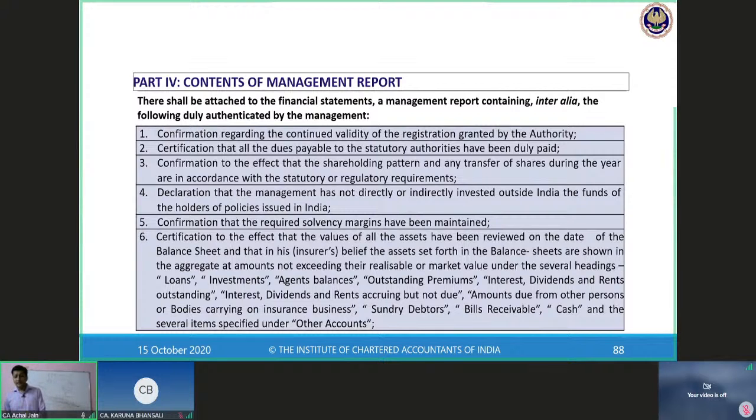Certification to the effect that the values of all assets have been reviewed on the date of the balance sheet, and that in the insurer's belief, the assets set forth in the balance sheets are shown in the aggregate at amounts not exceeding their realizable or market value under the several headings which are given below.